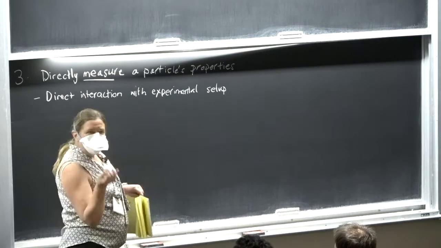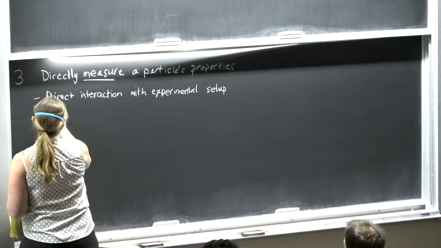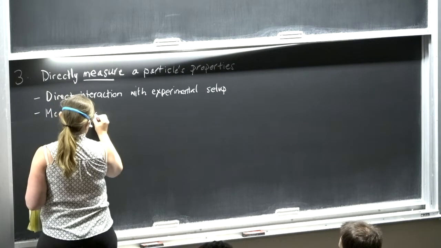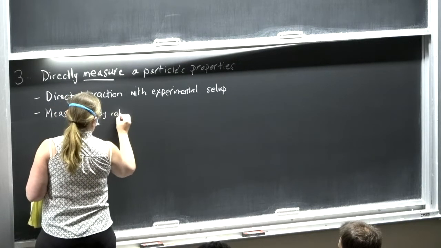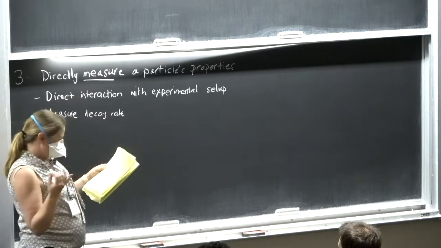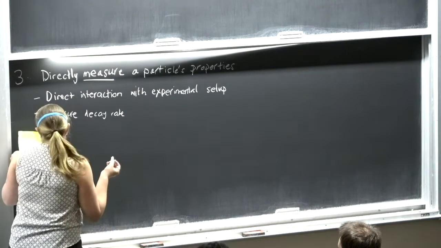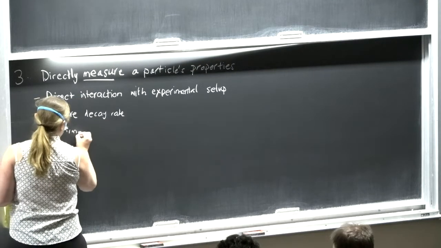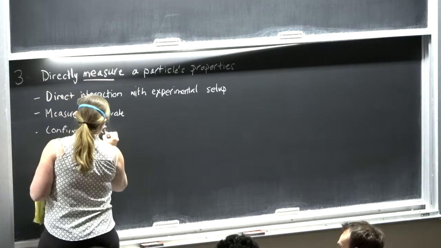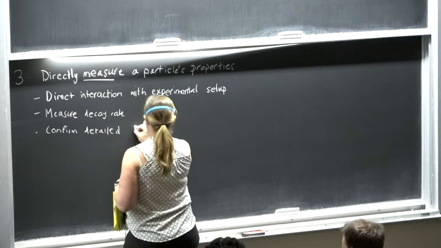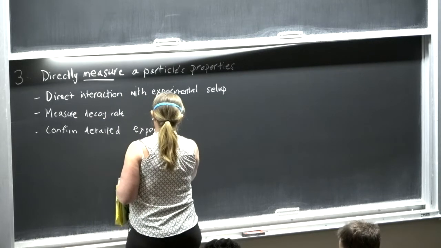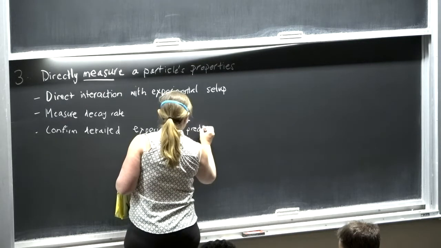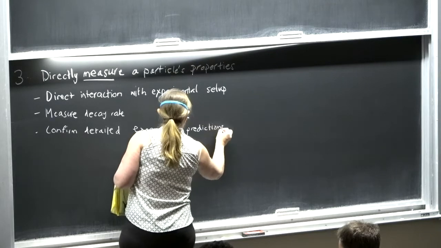Examples of these, maybe we're interested in measuring a decay rate. And a sort of classical example that you could think about today would be to confirm detailed standard model predictions. And the kind of hot example of that right now would be the muon magnetic moment.